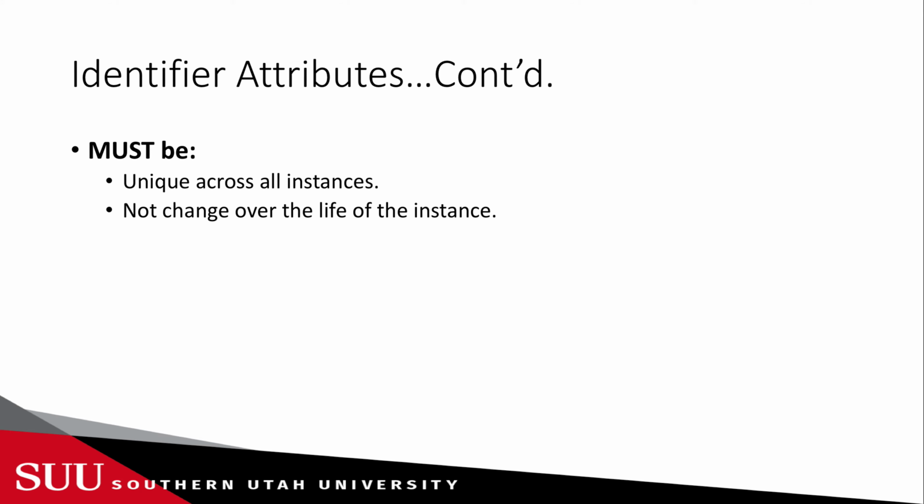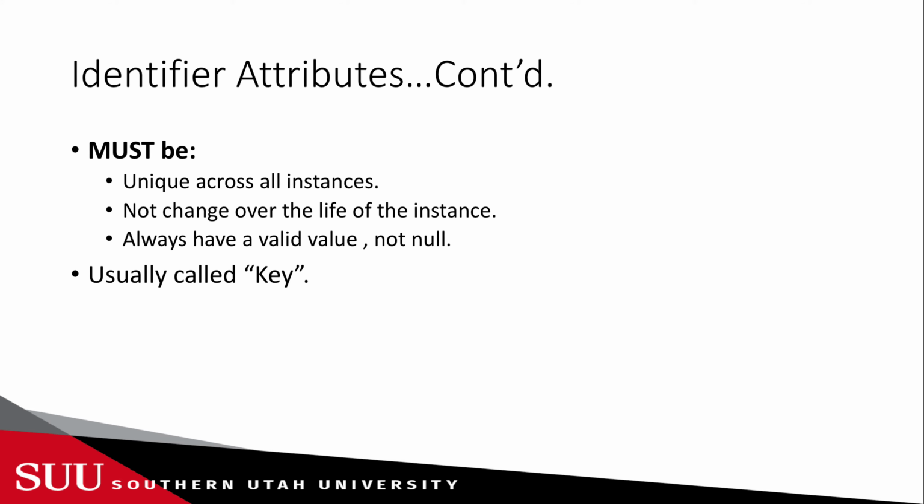This again is not going to change over the life of the instance, and it will always have a valid value. You cannot have it set to null, which is nothing. It has to have a value, and it will usually be called the key, and some will call it the primary key. And the notation is going to be boldface and underlined, something like this.